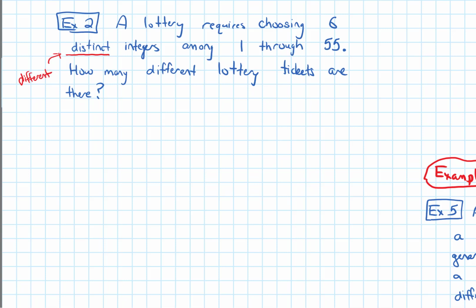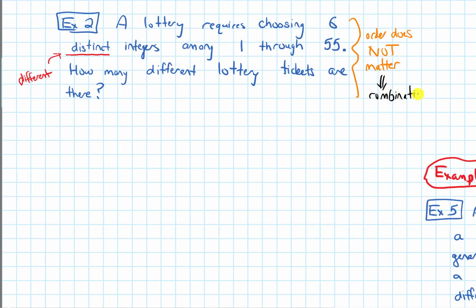And the other important thing about this question is that the order does not matter. We just care about what 6 numbers are on the lottery ticket. We don't care what order they're in. So because of that, we are going to use combinations.